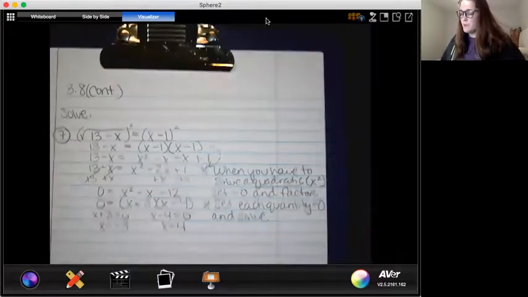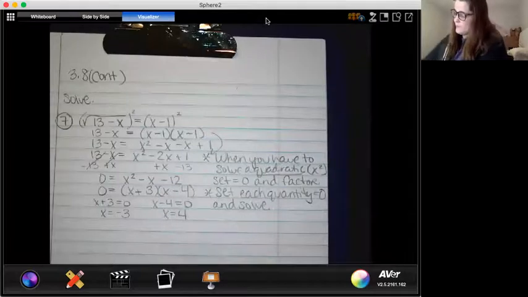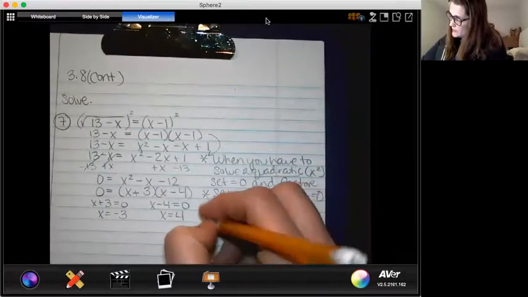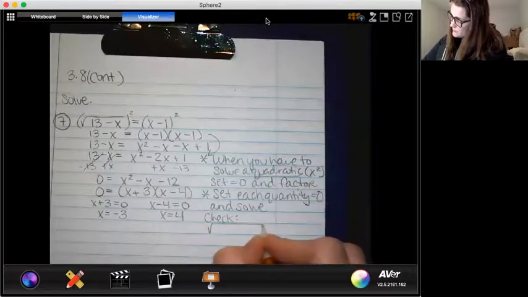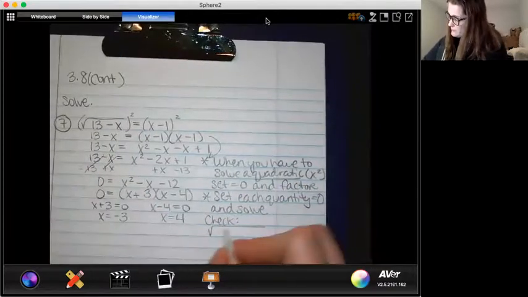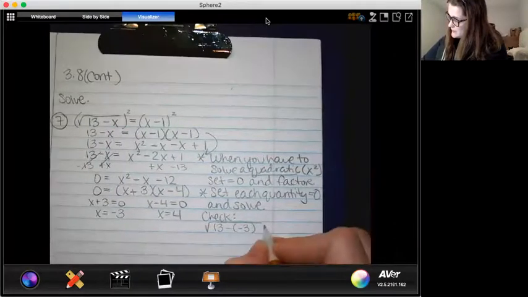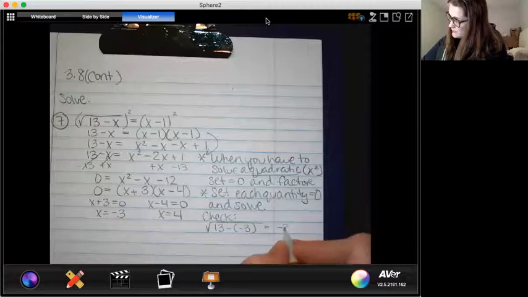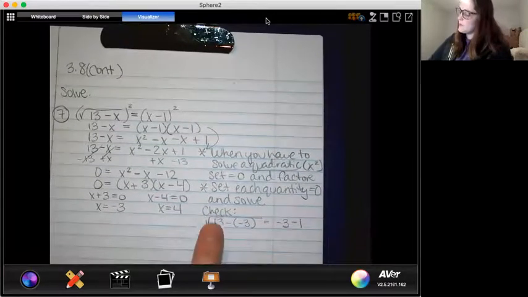Now we remember from our first lesson that we do need to check our work. So when checking, going back to the original problem, square root of 13 minus negative 3 equals negative 3 minus 1. Okay, so we're going to do some of this in our head.